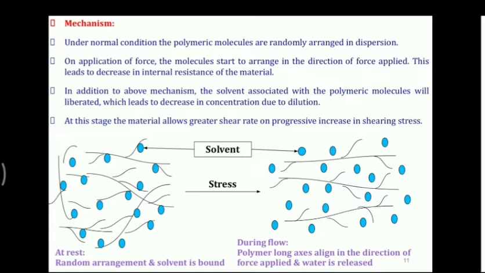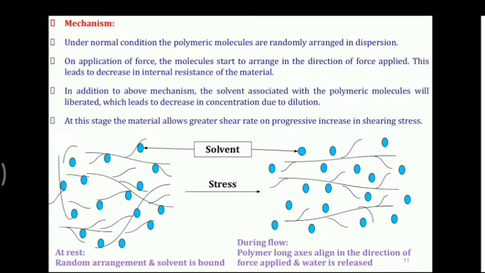So at this particular stage, the material allows a greater shear rate on progressively increasing the shearing stress. When all the long axes of the polymer align in the direction of the force applied, the solvent molecules get liberated. Such a structure offers less resistance.